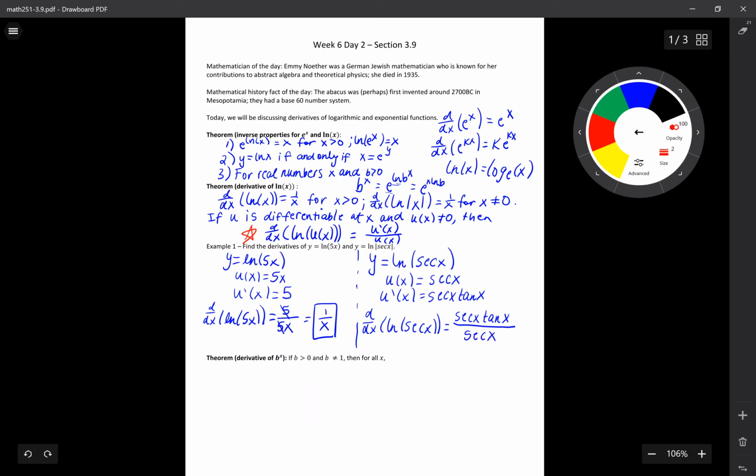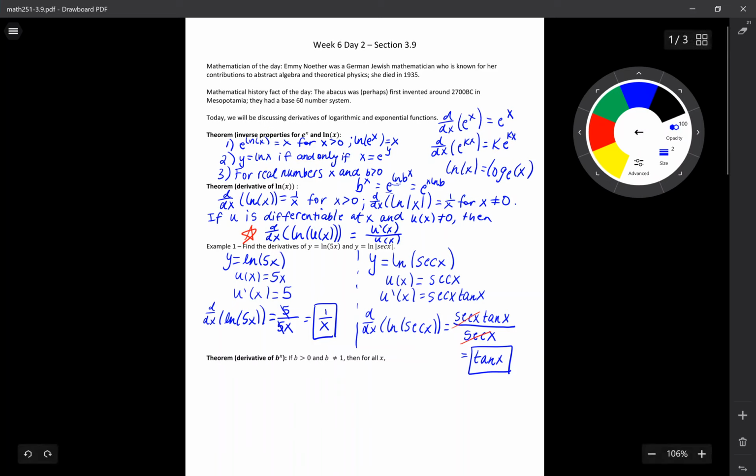And then I see here, since I have multiplication on the top, I can simply cancel out these secants, and I am left with tangent x. All right, so this is how we take the derivatives of composite functions with natural logs.